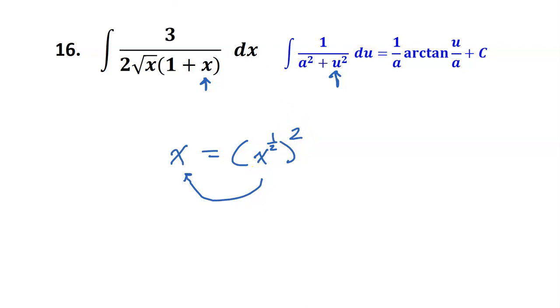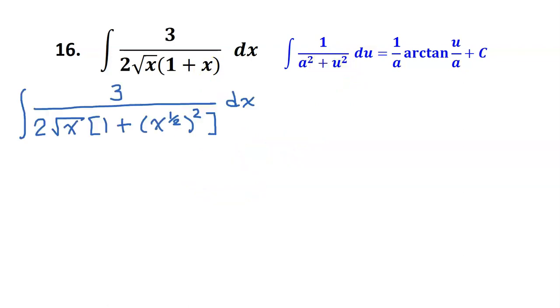Because when you raise a power to a power, you multiply. And if you multiply 1/2 times 2, then you get 1. So these are actually the same thing. So on the next step, I'm going to replace x with x to the 1/2 power squared. That way I will have something squared.